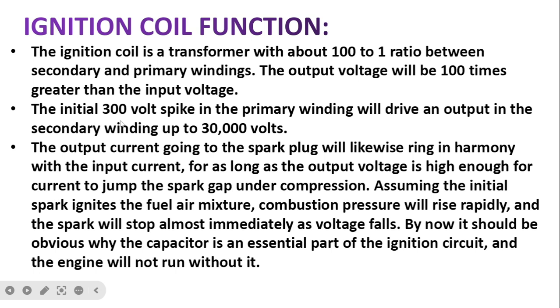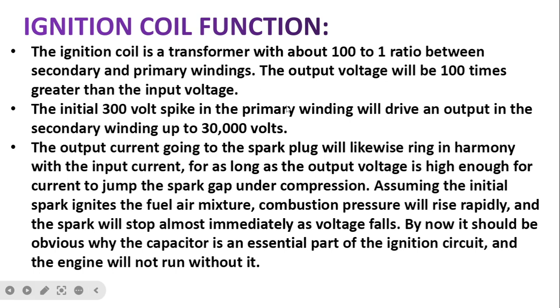Initially a 300 volt spike in the primary winding will drive an output in the secondary winding of up to 30,000 volts.